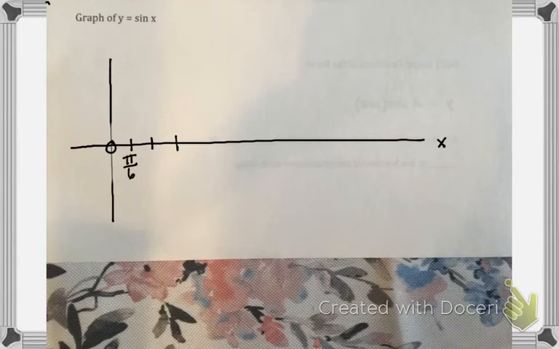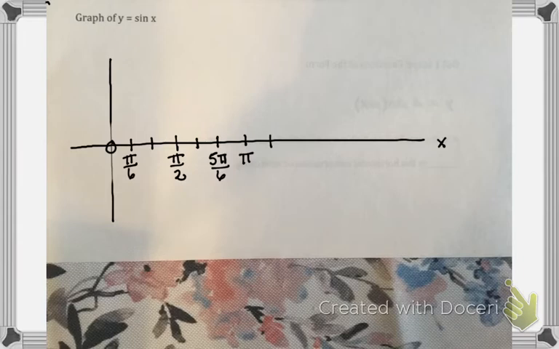And then, if I go in 30-degree increments, the next thing I'm going to hit is 90 degrees or pi over 2. After pi over 2, the next 30-degree value is 150, which is 5 pi over 6. After that, we hit 180 degrees or pi.